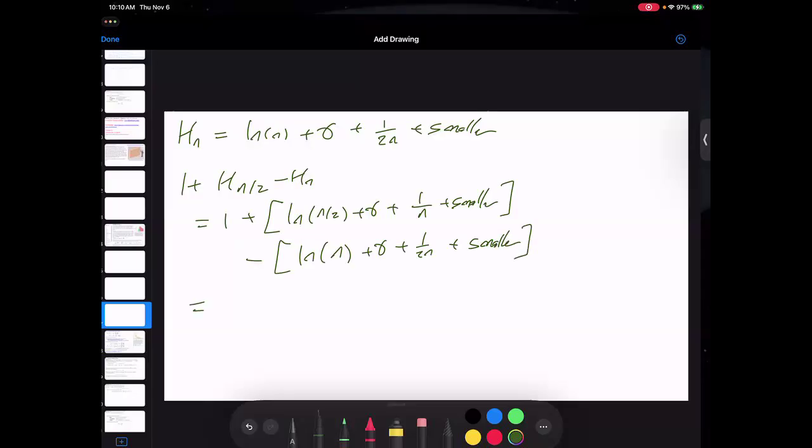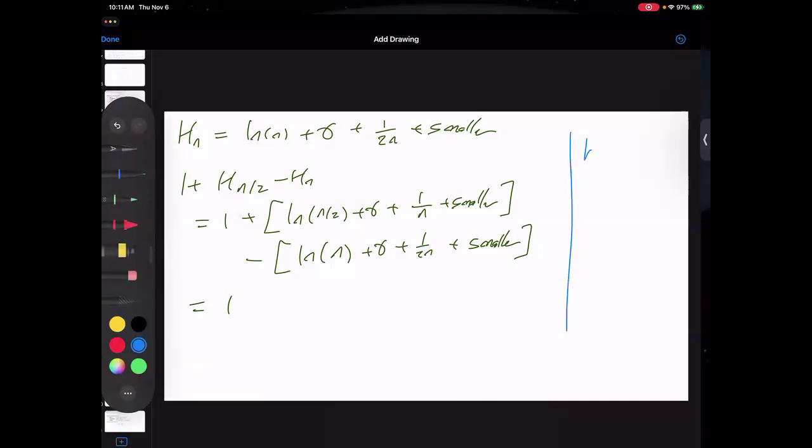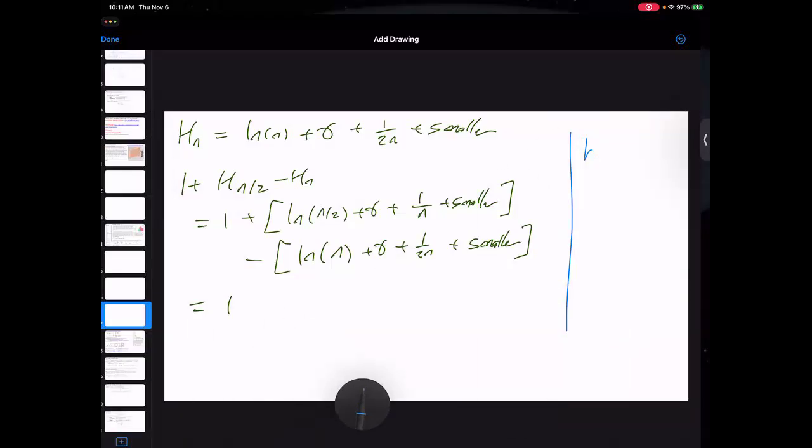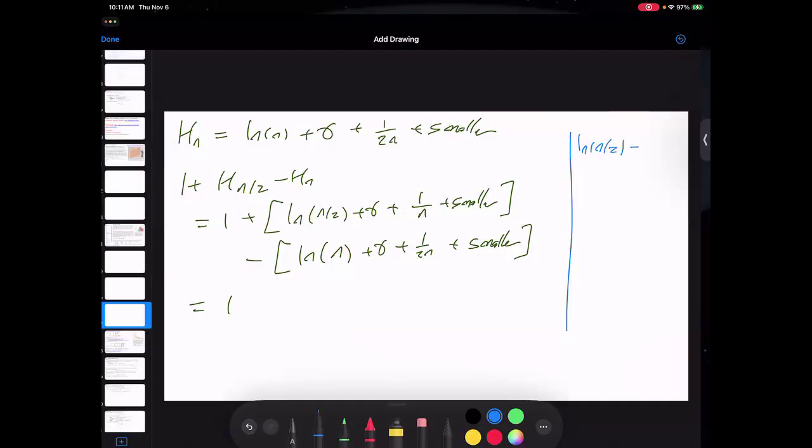So when the dust settles, the gammas are going to cancel, right? Because one is with a plus, one is a minus. What's the natural log of n/2 minus the natural log of n? Natural log of 2. So natural log of n/2 minus the natural log of n is the natural log of n/2 over n, right?